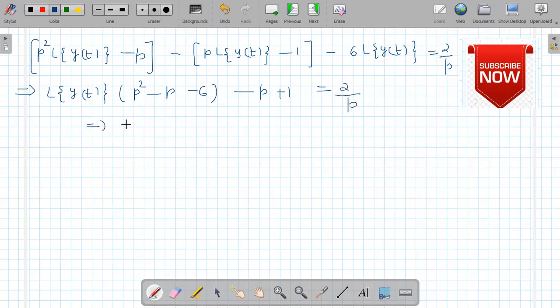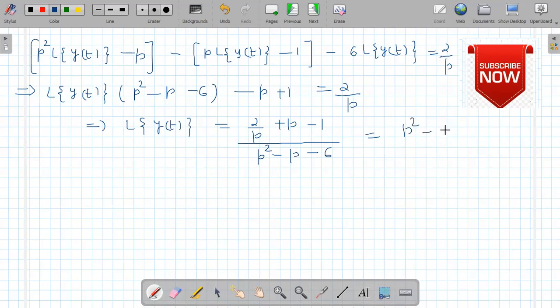Now we find the value of Laplace of y(t), which is equal to 2 upon p plus p minus 1, whole divided by p square minus p minus 6. So when you solve it, you have p square minus p plus 2 over p into p square minus p minus 6.